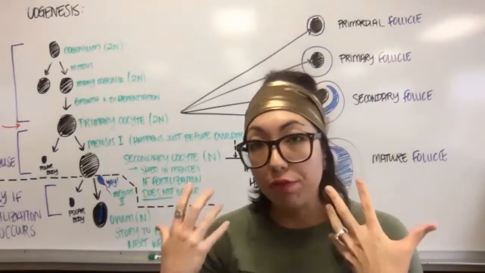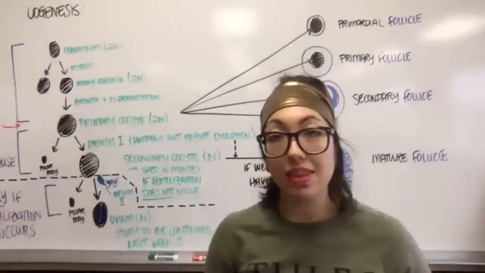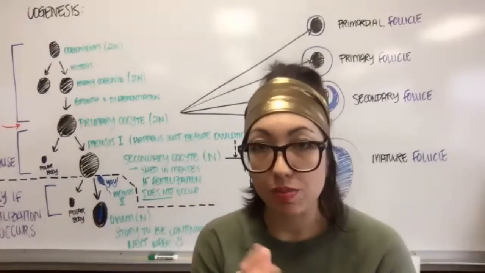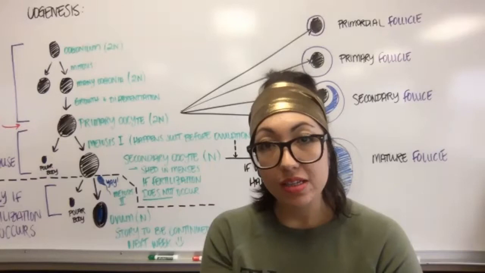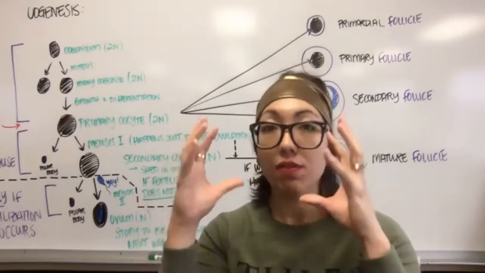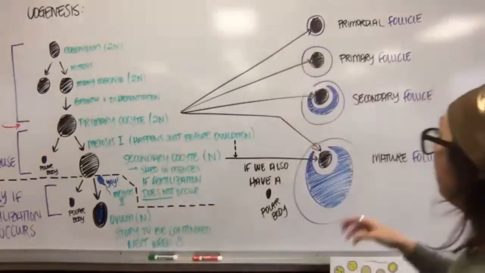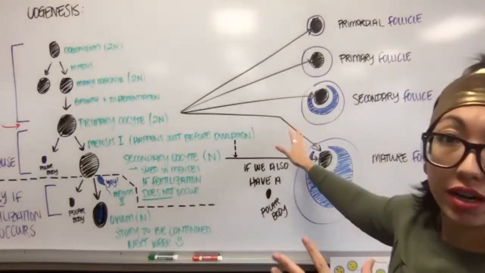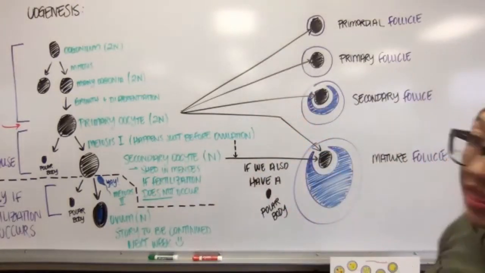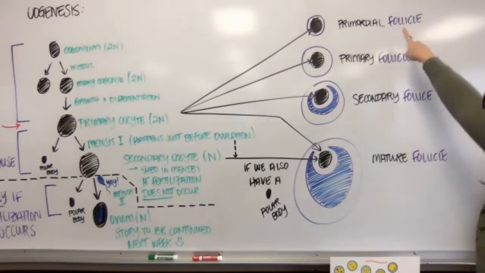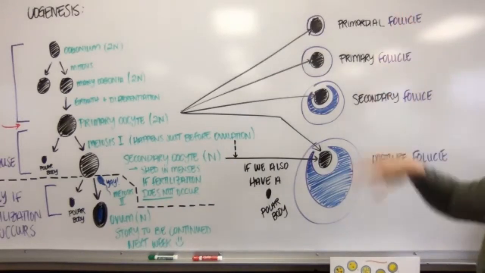So a follicle is going to be the oocyte plus the follicle cells. The follicle cells are what I've drawn in purple, and that's why I've also written out follicle in purple.